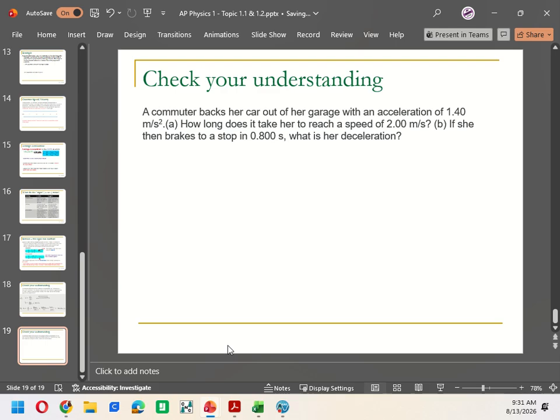So t is equal to v over a. My v is 2. My a is 1.4. Throw it in my handy dandy calculator.